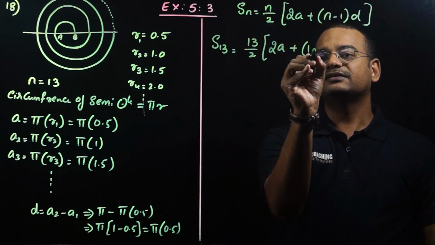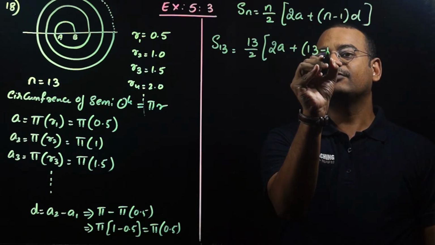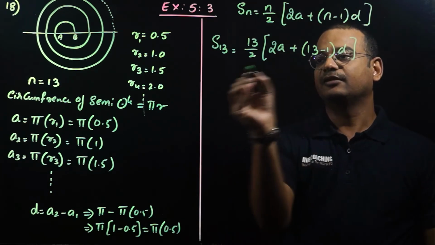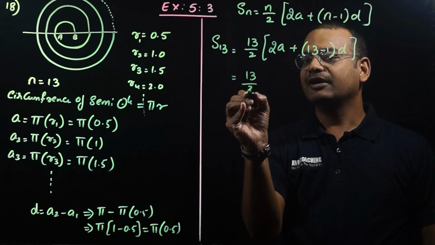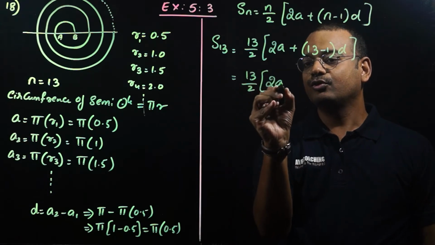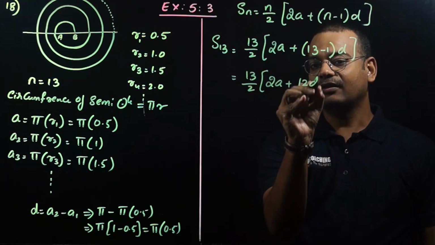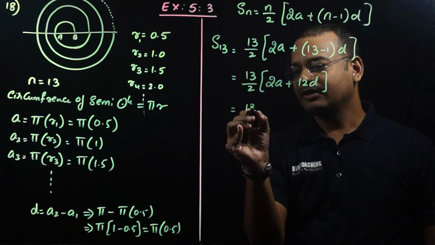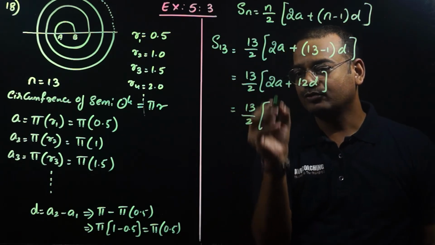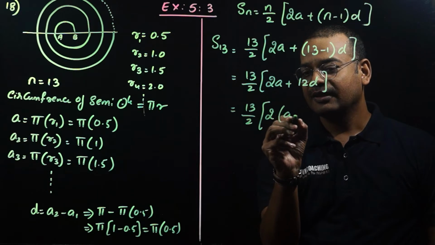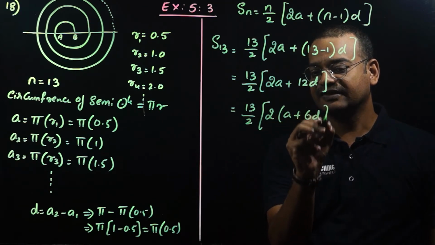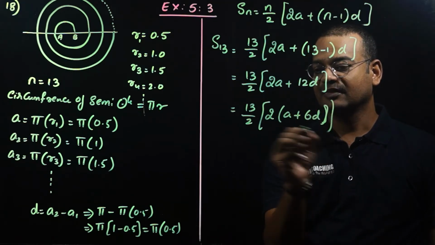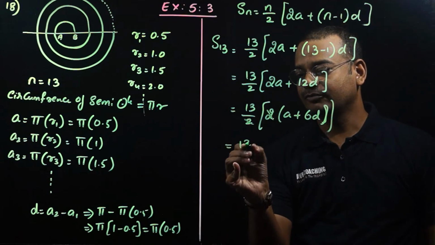Now we will just substitute the n value, 13 minus 1 into D. So this will be 13 by 2 into 2A plus 12D. If we take 2 common here, this will be A plus 6D. So the 2 gets cancelled, this will be 13.